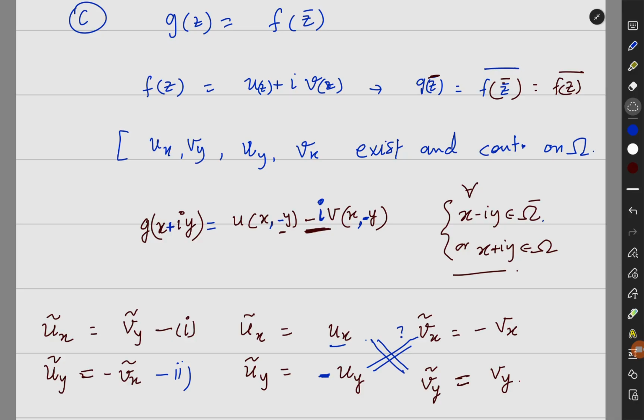In case of ux, uy, vx, vy, these are polynomials, then we can use this formula, but in general it is not. Basically u and v may not be simple functions, so calculating ux, uy, everything, we got messed up.